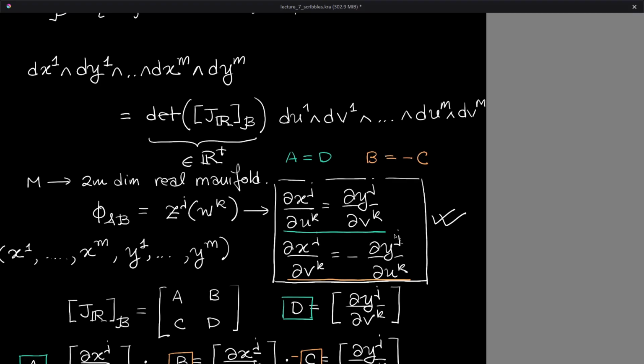So what does that give us? Let us see what happens. Because of that, we get this JR in the B basis is equal to A, B, minus B, A, right?